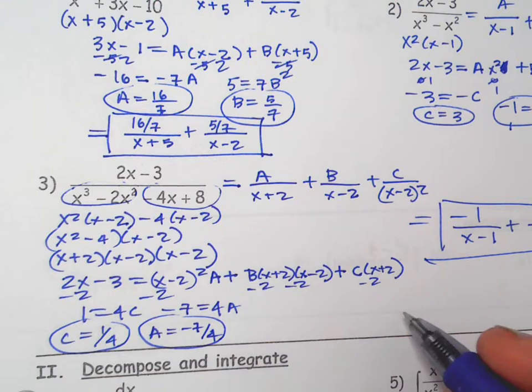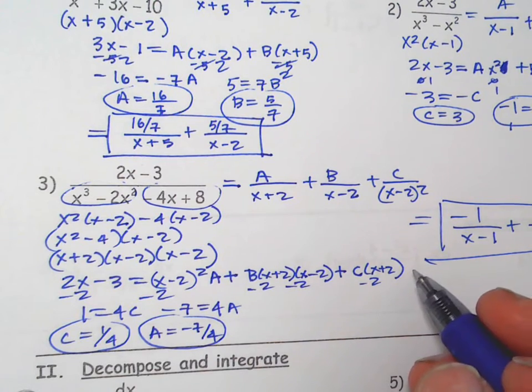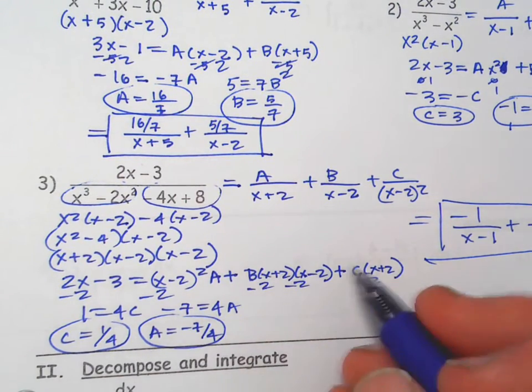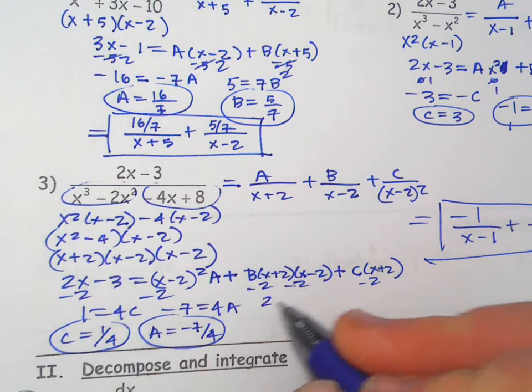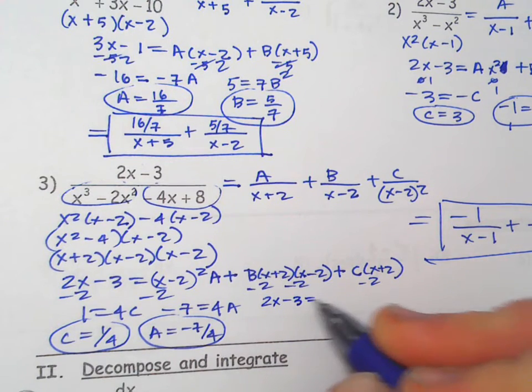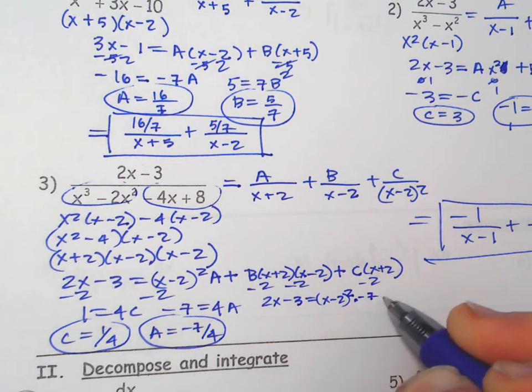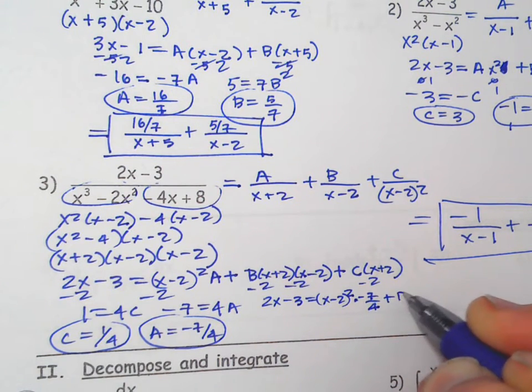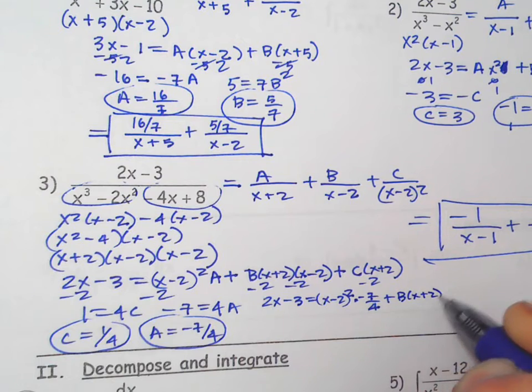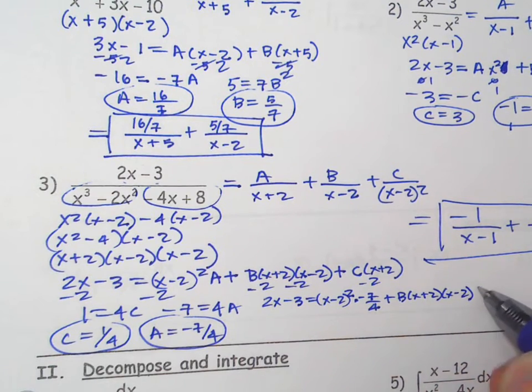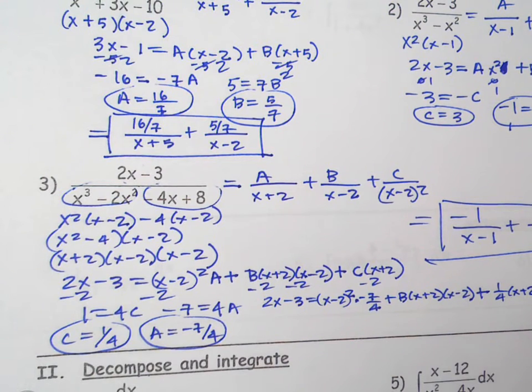But to find B, we can't use that Heaviside approach. So we've got to find these first and then plug them all in. So it's going to be 2x minus 3 equals (x minus 2) squared times negative 7/4, plus B times (x plus 2)(x minus 2), plus 1/4 times (x plus 2). And now we need to plug in a value of x, any value other than 2 or negative 2, but something that's convenient.